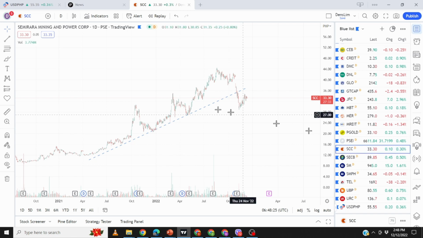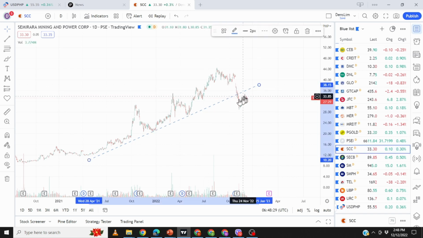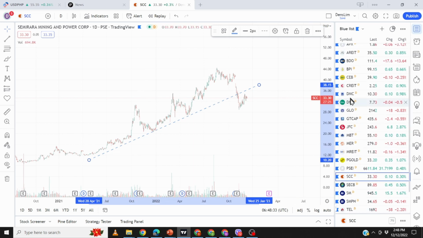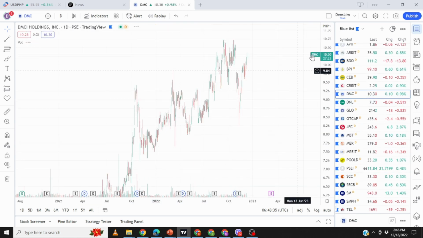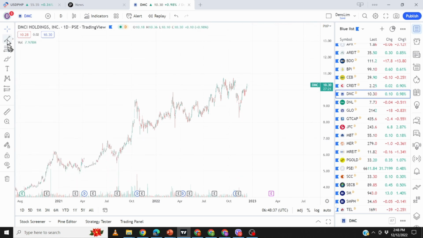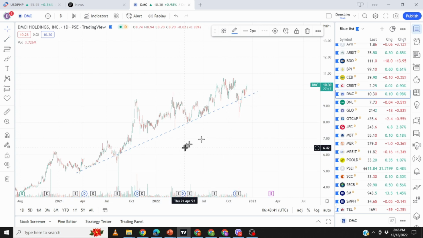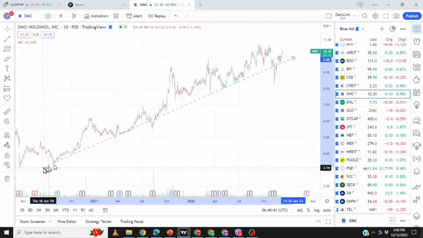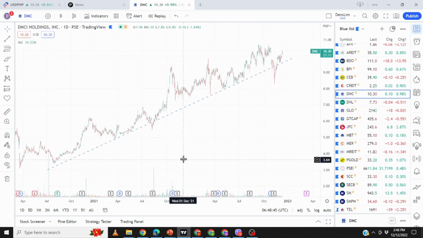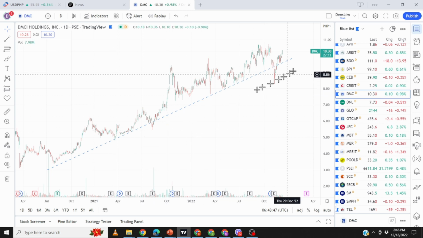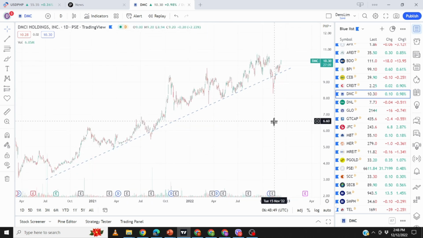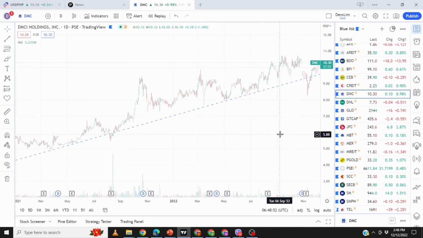So SCC, you can more or less see that it's following this trend, right? Same with DMCI, it's following this trend, right? So you have a trend line here, you see this trend line is following an upwards movement of DMCI.